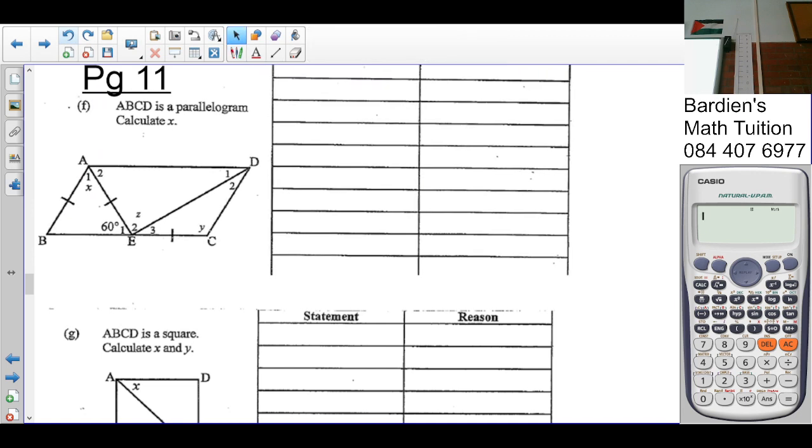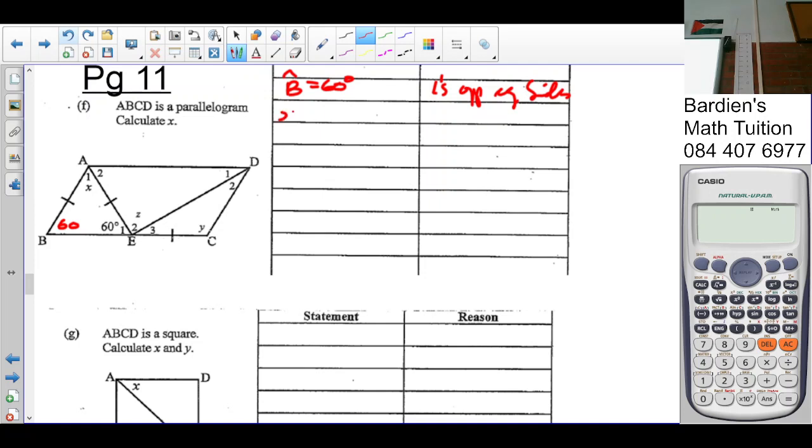B is equal to x, not x. B is 60. Why is angle B equal to 60? Angles opposite equal sides. So I'm going to solve for x. Sum of angles in a triangle.